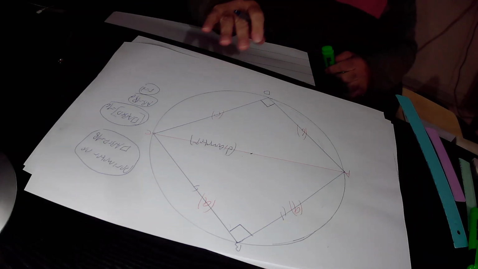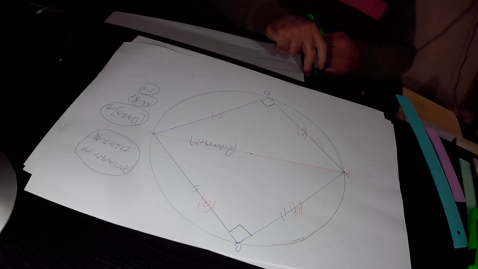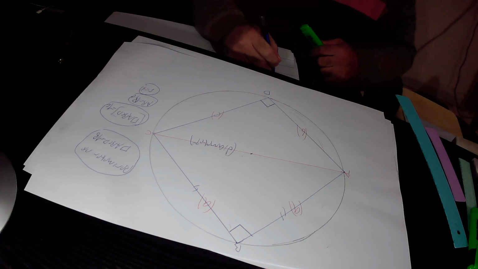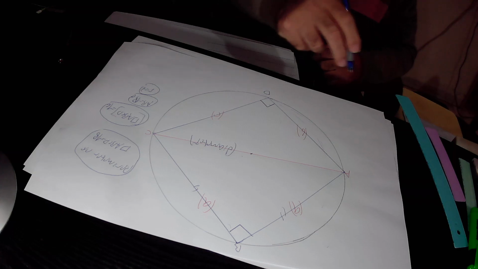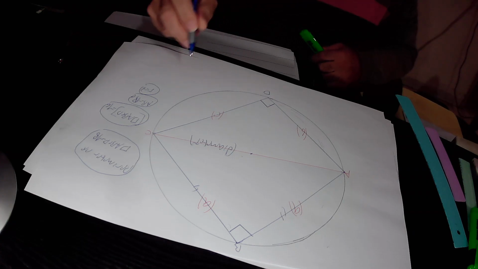According to the Pythagoras theorem, AC squared, that is the square of the hypotenuse, is equal to AD square plus DC square.